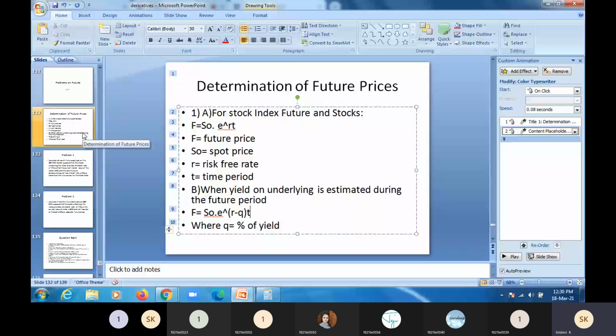If no yield information is given, then go for the first formula, F is equal to S naught into e power RT. If a yield value is given, then go for the second formula, S naught into e power R minus Q into T. Is that clear, when to use the first formula and when to use the second?